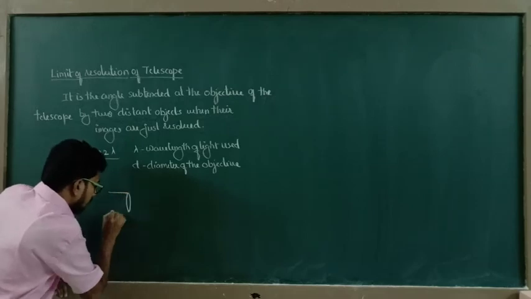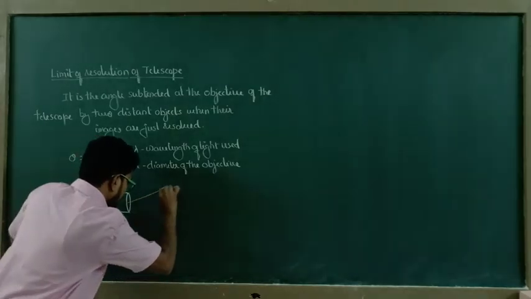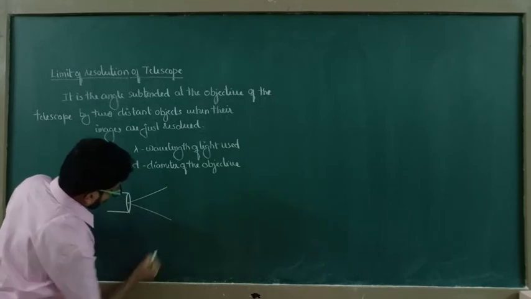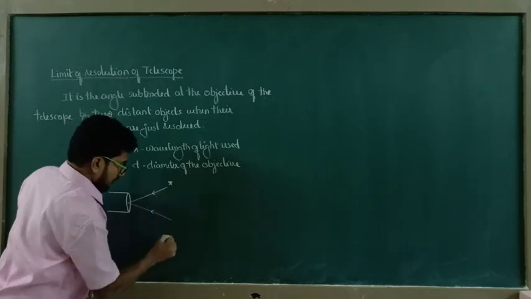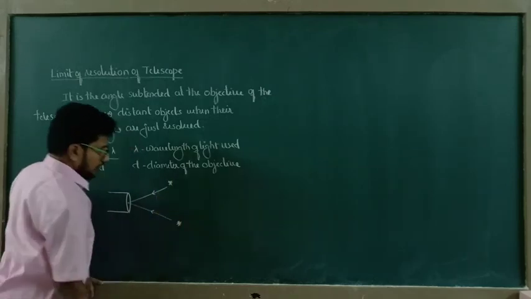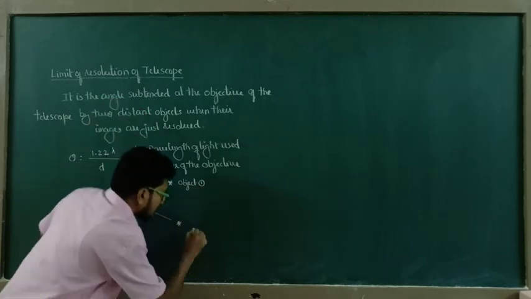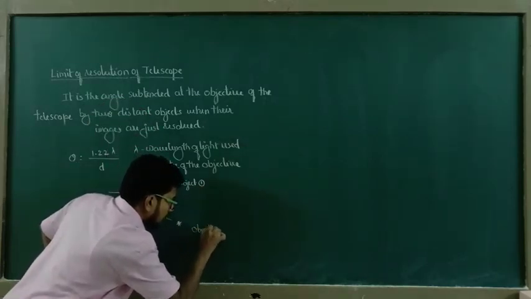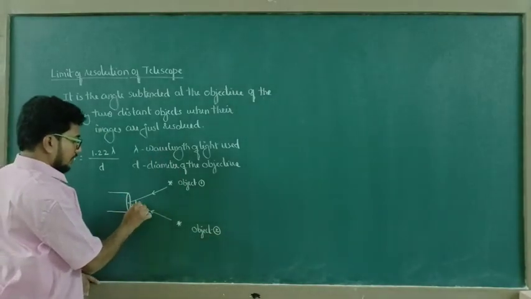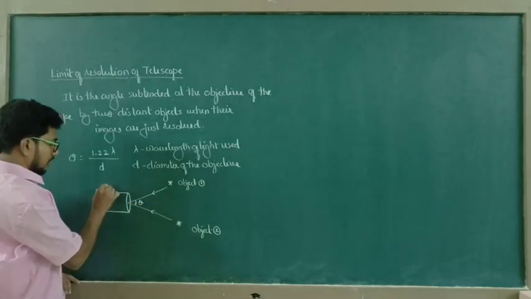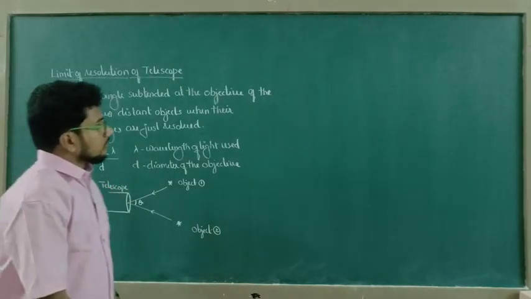Telescope: one object, another object, object 1, object 2, and the angle subtended at the objective of the telescope is theta.